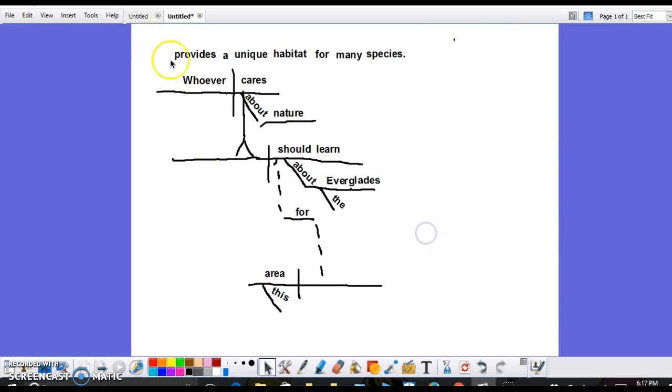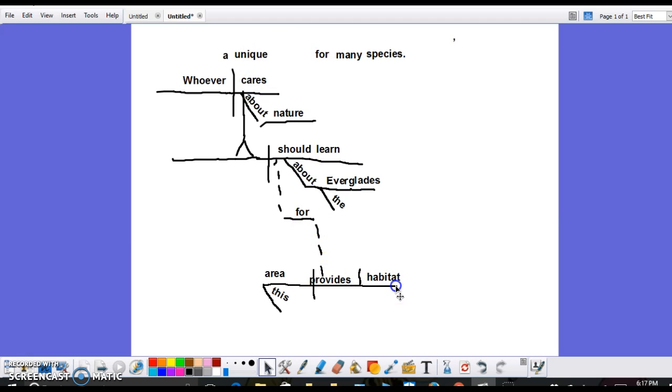And then we have our verb, provides. And then we have a direct object, so it's not the same as all the way through. It's supposed to be a straight line. We want it to be straight, but it doesn't go all the way through. Provides what? A unique habitat.